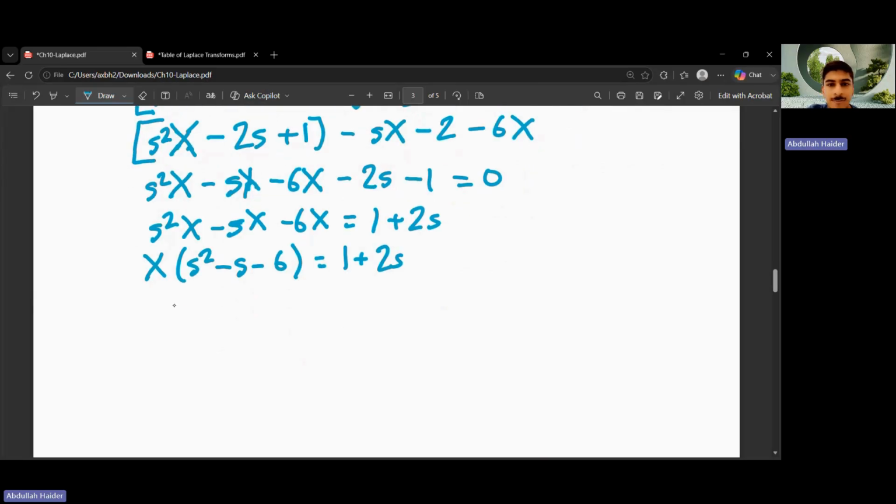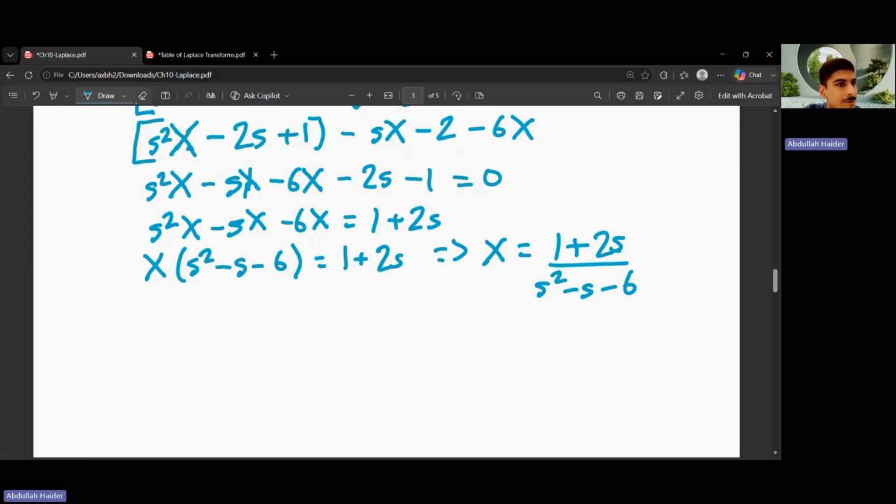So in this case, your big X is going to be 1 plus 2s over s squared minus s minus 6.